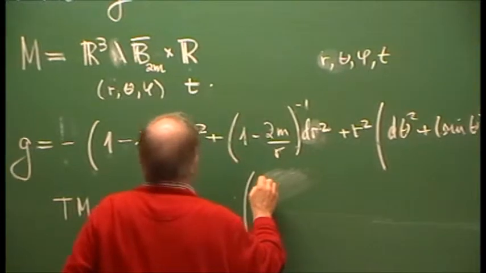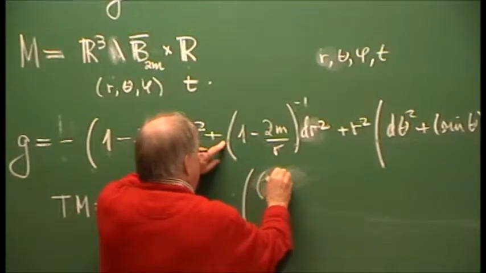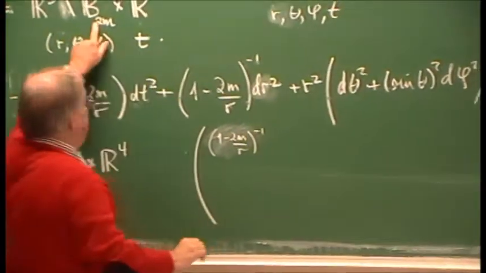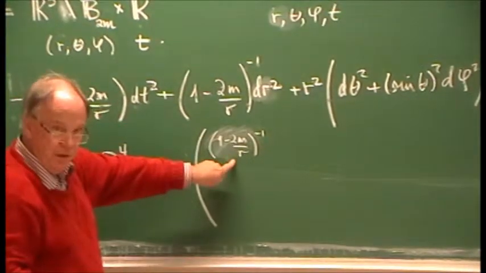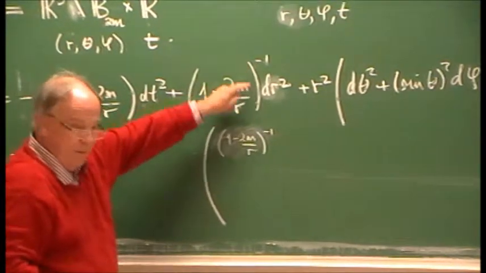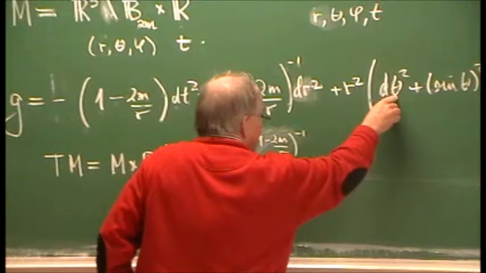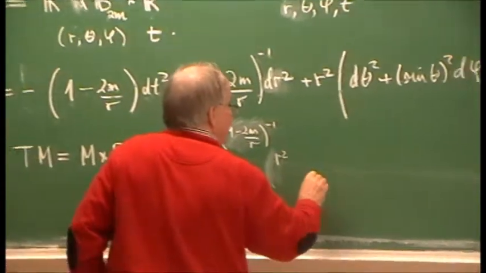Okay? And now I'm going to write a matrix. By the way, look what happens to this thing when you go to the boundary of the black hole. It blows up. You see? What's happening to distance here is going to infinity. So what is d theta? It's r squared. What is d phi?